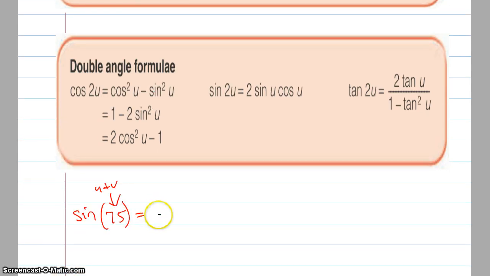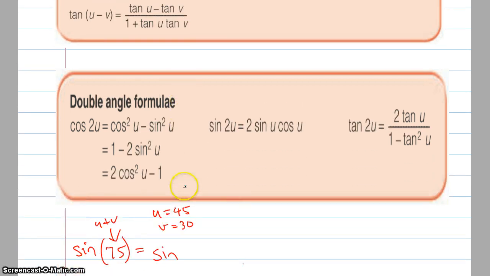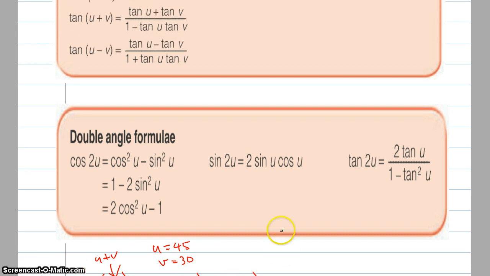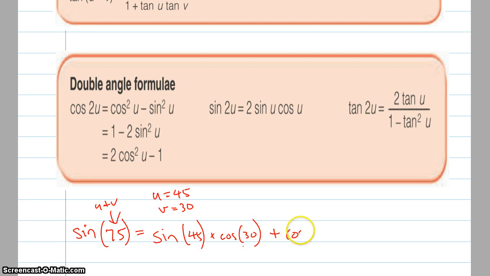So sine of u, which is 45, times cos of v, which is 30, plus cos u sine v, so cos 45 times sine of 30.